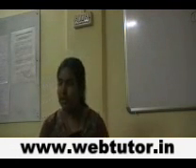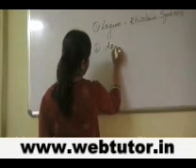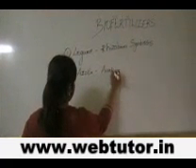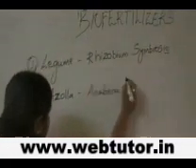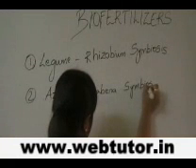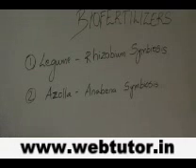Then is your second, that is Azolla Anabaena symbiosis. You all know what is Anabaena. It is also nitrogen fixing. Now Azolla is basically your floating freshwater fern.